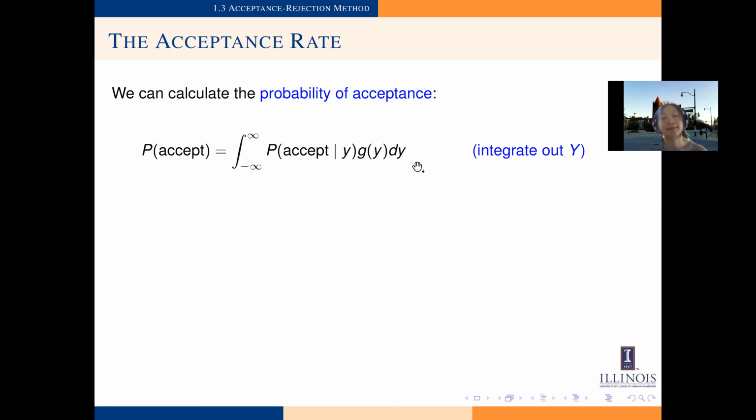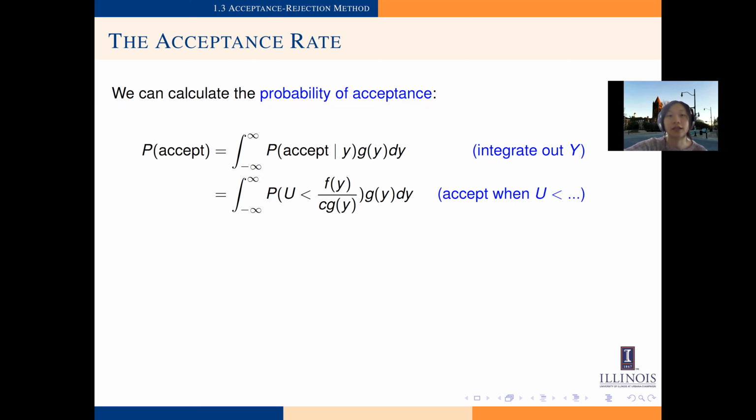In other words, in this step, we're integrating out the random variable Y by considering all its possible values and its density. And this is equal to the integral from negative infinity to infinity of the probability that the uniform random variable U is less than this ratio over here times everything afterwards. So we can see that we're replacing the probability of acceptance given y by the probability that the random uniform variable U is less than this ratio.